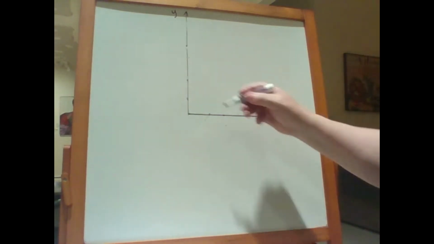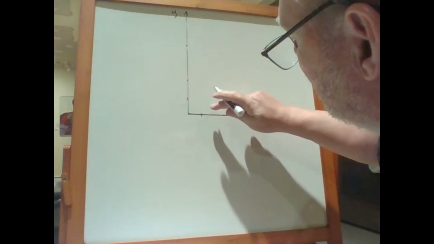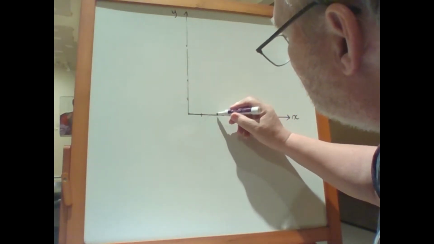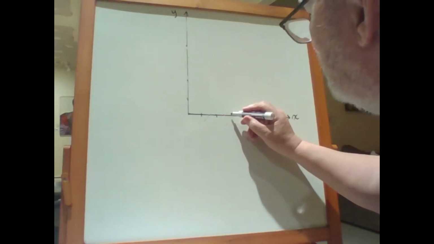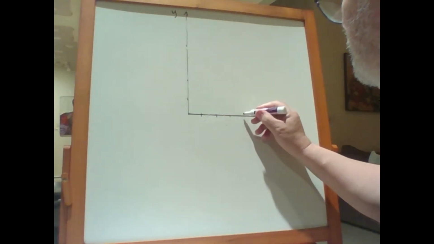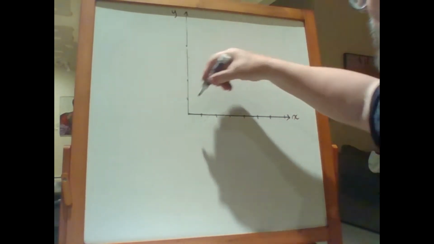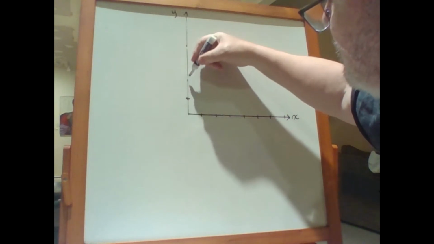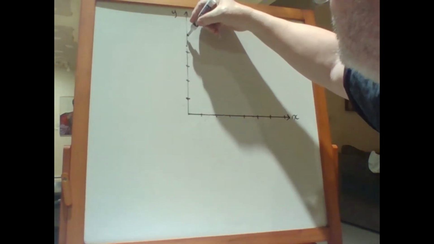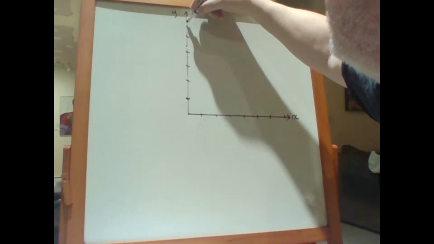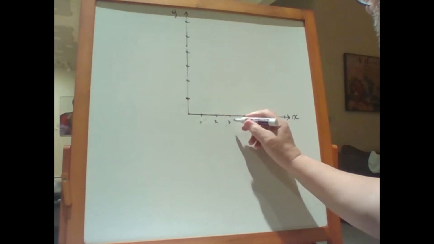Okay, let's say we have 1, 2, 3, 4, 5, 6, 7, and 1, 2, 3, 4, 5, 6, and we'll just enumerate them.